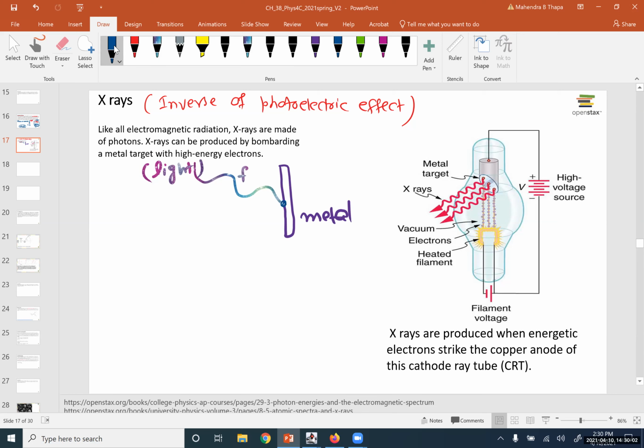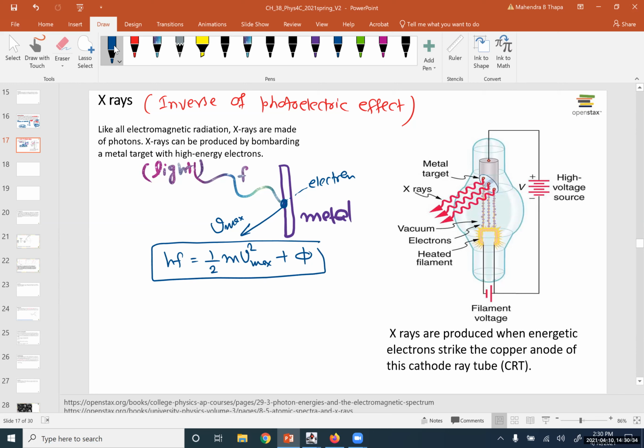It interacts with an electron, and then this electron comes out with a speed v max. Then we have the relation h f equals half m v squared maximum plus the work function. This is the result in the case of the photoelectric effect.